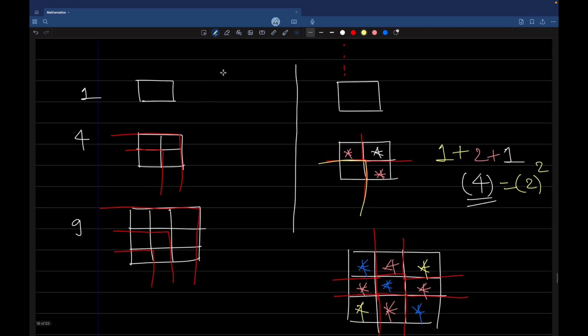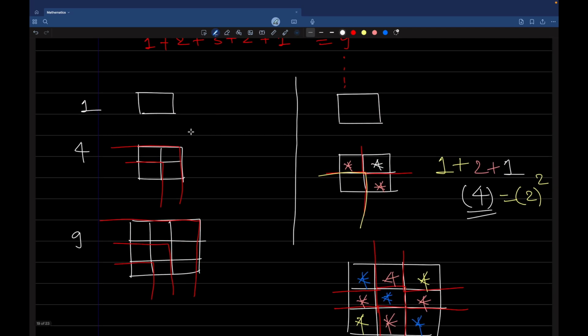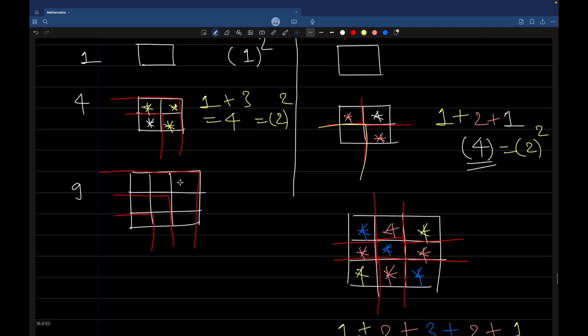If we observe this pattern on the left side, we get 1 square, this 1 box, plus this 3 boxes, 1 plus 3, that is 4, equals 2 square.